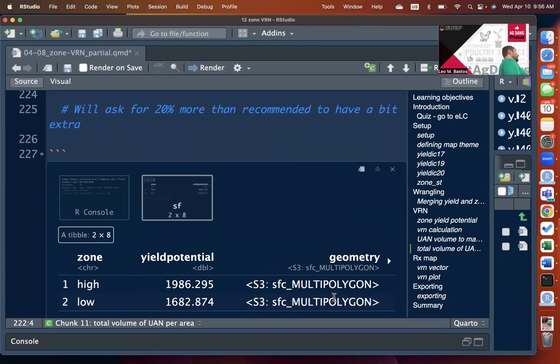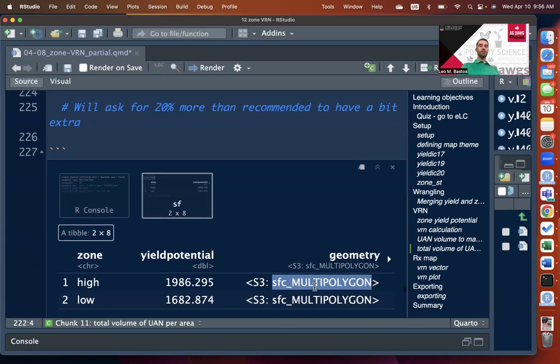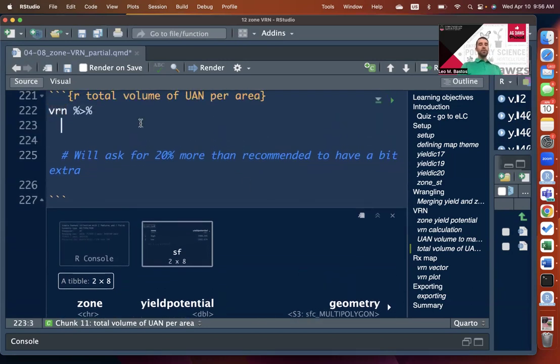So now the SF object knows which polygons are high, which are low, and they group them into one line of geometry here. So we still have all of those geometries that we had before, but they're just grouped into the different zones. That in itself just matters because it means that we still have a geometry here, we still have that spatial information.